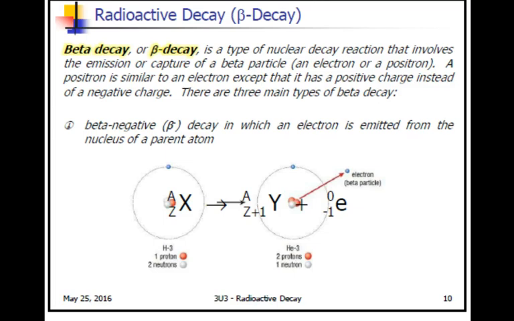It loses an electron, so its Z, its charge there, increases, meaning that we have an additional proton, and it gives off this electron as a beta particle.